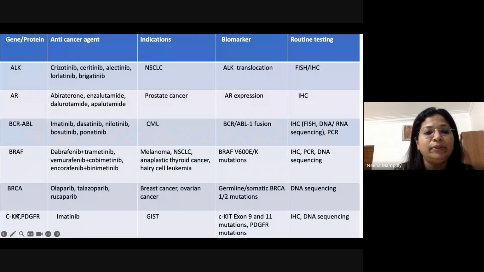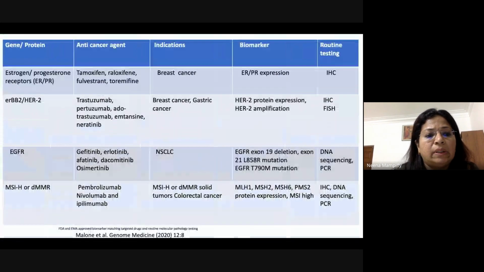And this list continues to grow, and more of these anti-cancer drugs are coming up. So, for example, ER PR is done only by IHC. EGFR is done only by DNA sequencing and the PCR, not by IHC. So, what test to be sent for which biomarker, we pathologists should be well aware.